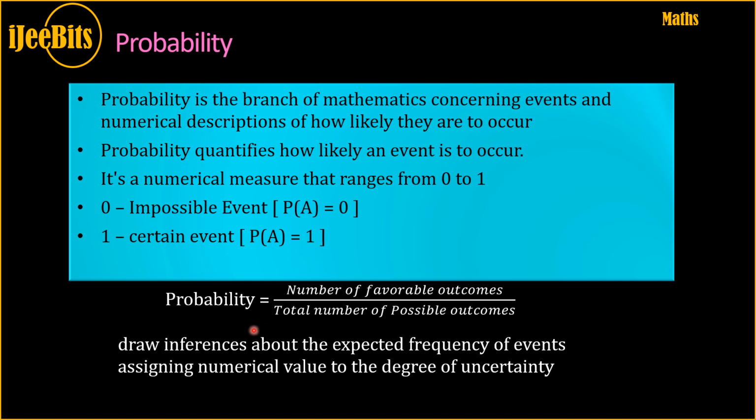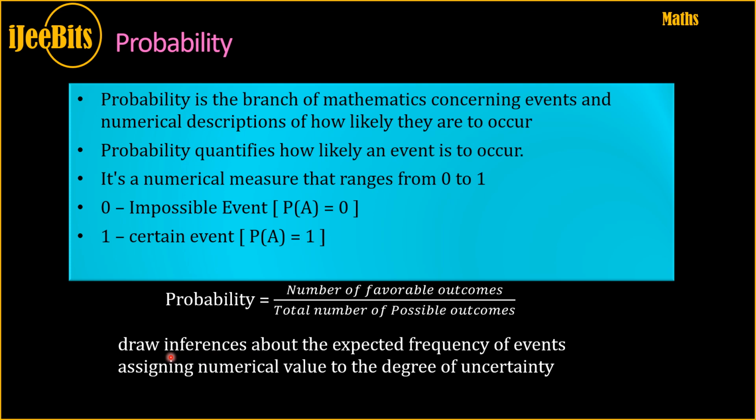The simple definition for arriving at a numerical value for the degree of uncertainty is the number of favorable outcomes divided by the total number of possible outcomes. Probability equals number of favorable outcomes divided by total number of possible outcomes.